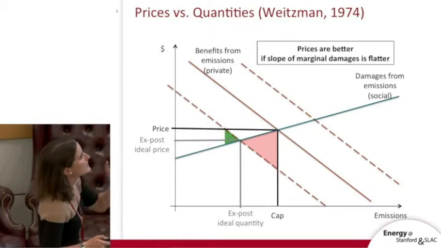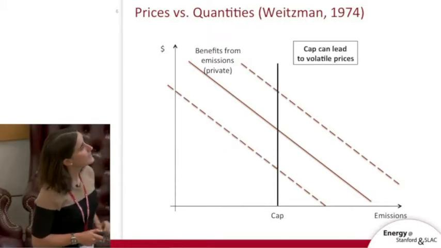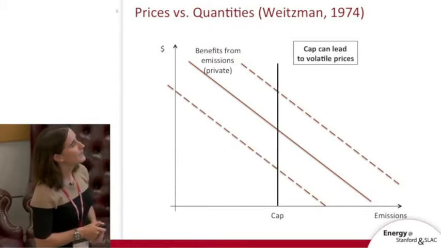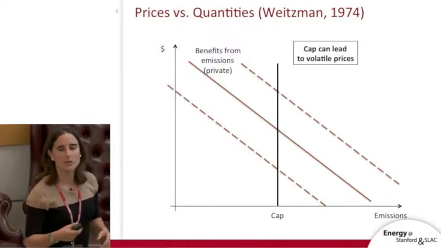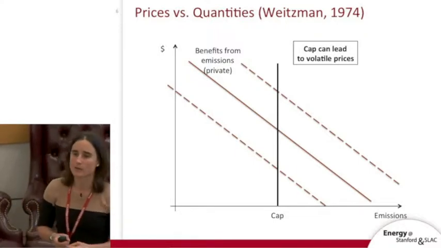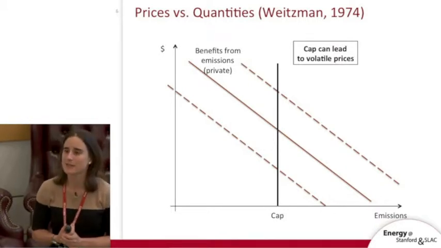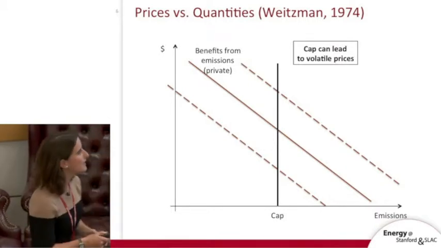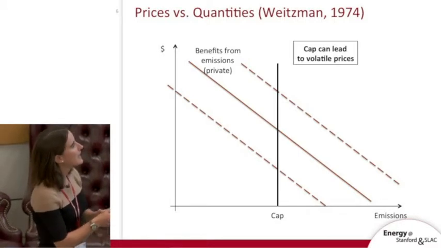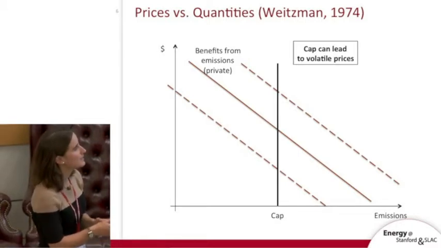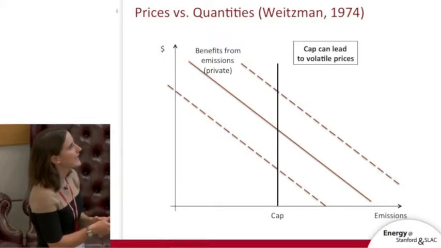So what happens when we have the quantity only? Well, when we have the quantity only, the social cost of emissions doesn't play a role, because what the firms see only is their private benefits. If we let them trade with a given cap, and the private benefits from emissions are pretty steep or pretty uncertain, the prices that we get, where this curve crosses the cap, can be very volatile.